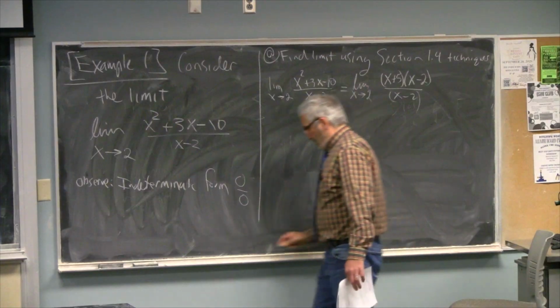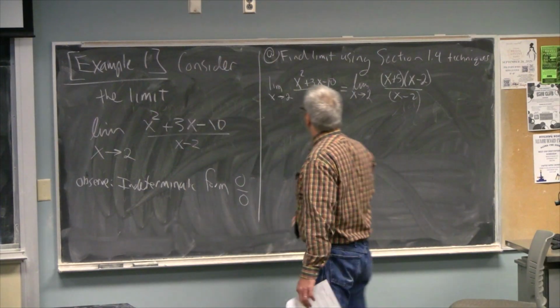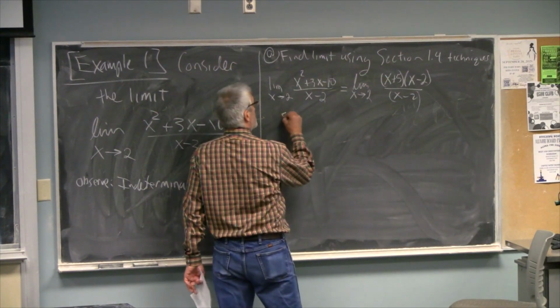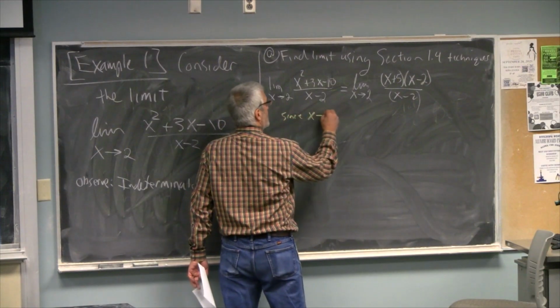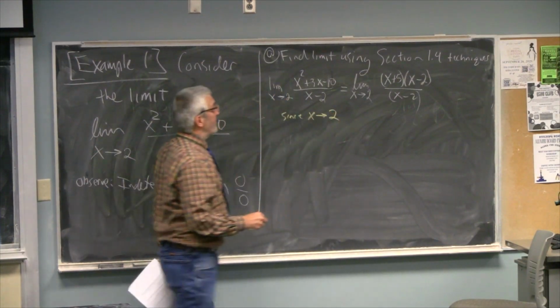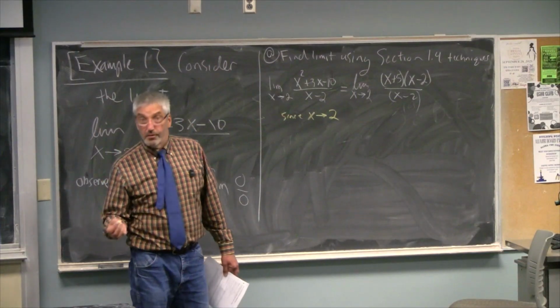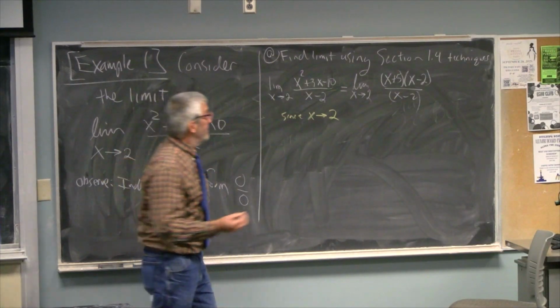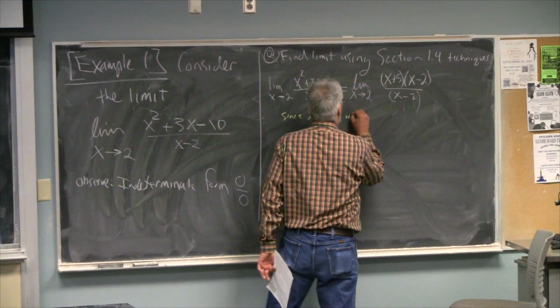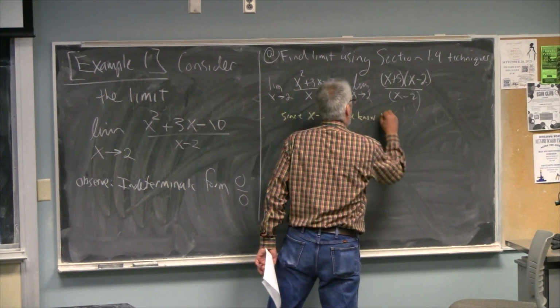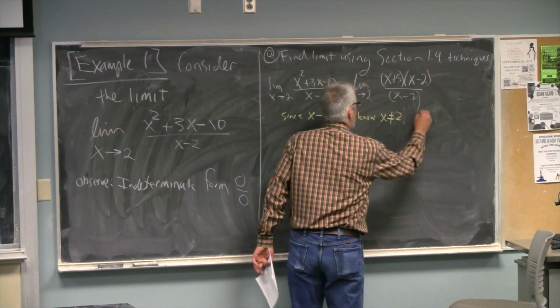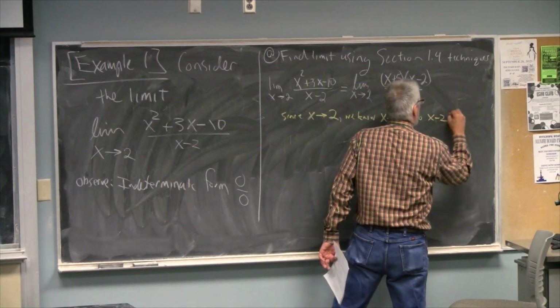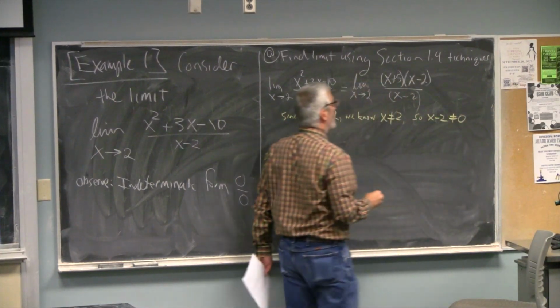And then it's been a while since I got to write this. Since x is approaching 2, we know that x is not equal to 2, so x minus 2 is not equal to 0. So we can cancel.